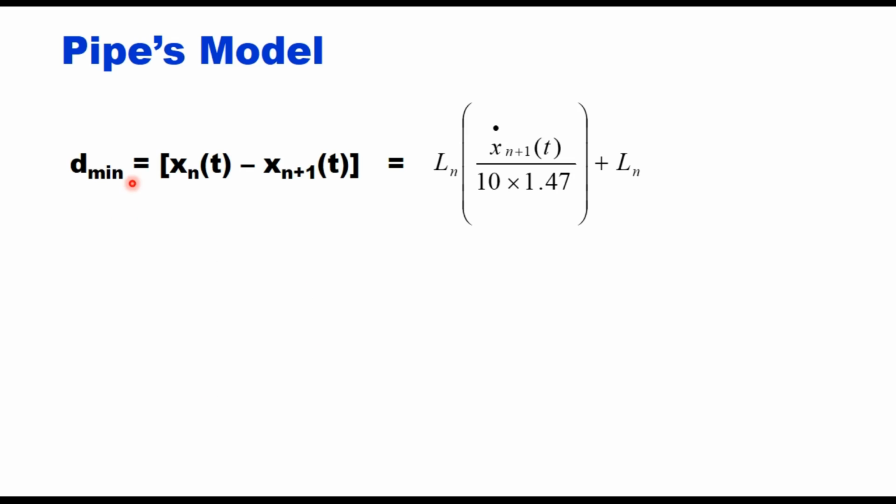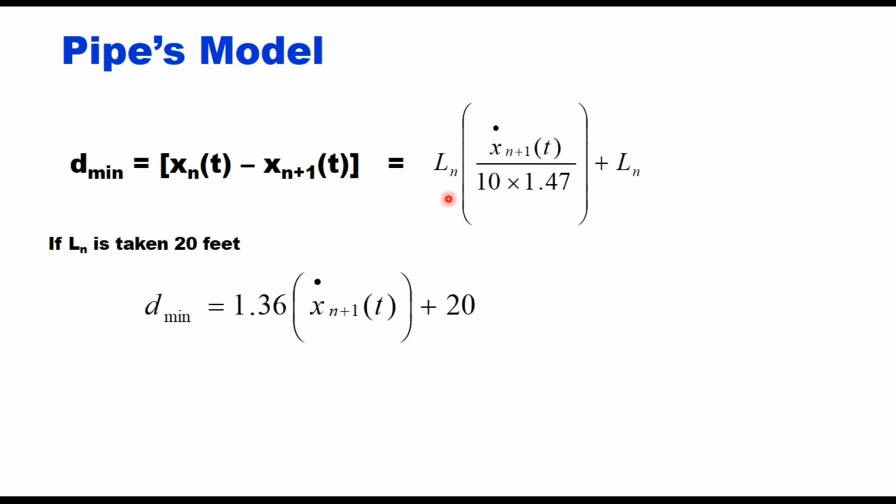So minimum distance between the position of lead vehicle and position of following vehicle at time t is given by length of the vehicle Ln plus the speed divided by 10 miles per hour, and this factor is to convert miles per hour into feet per second, because this speed is in feet per second, multiplied by the length of the vehicle. So that is the Pipe's model.